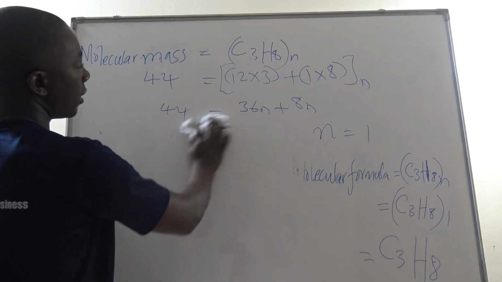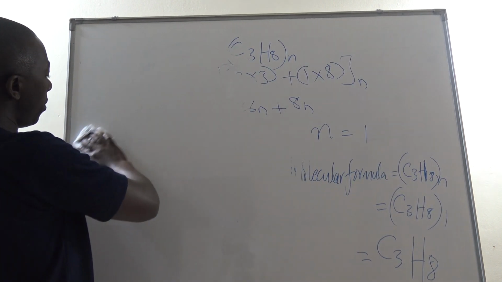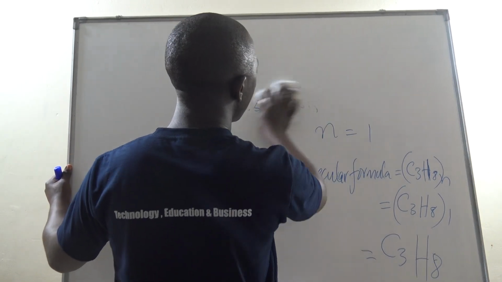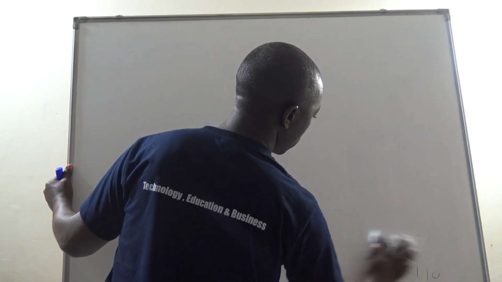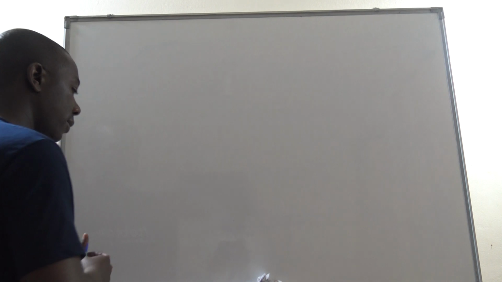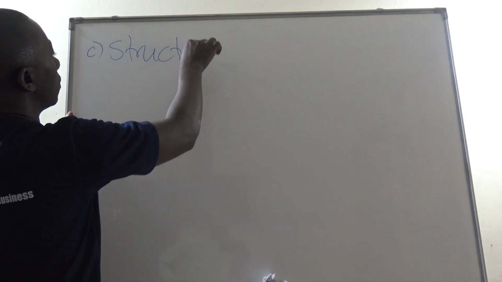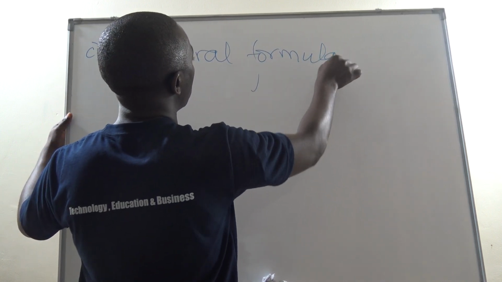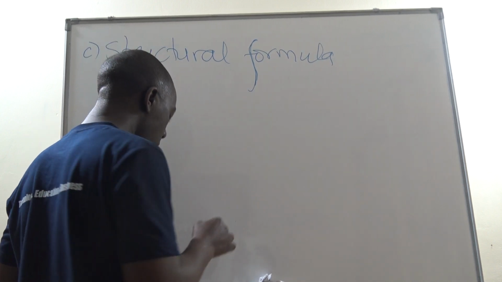Okay. Now from there we want to advance finally and look at the structural formula. Remember, we are looking at empirical, molecular, and structural formula. Now, finally part C, structural formula.